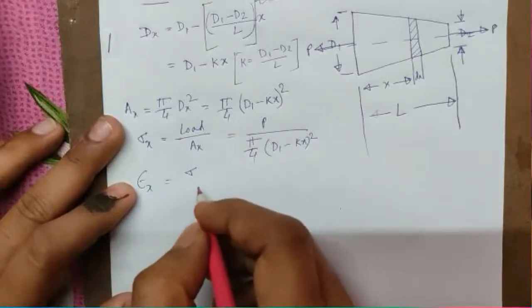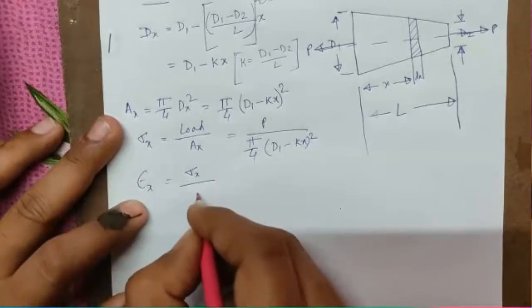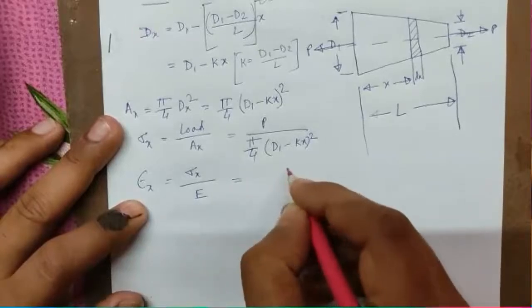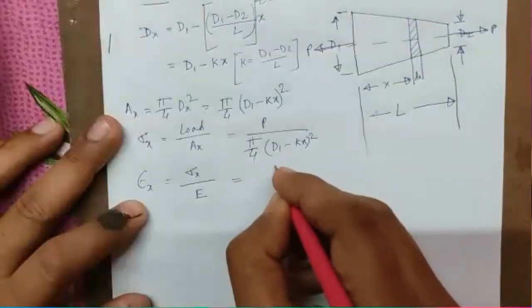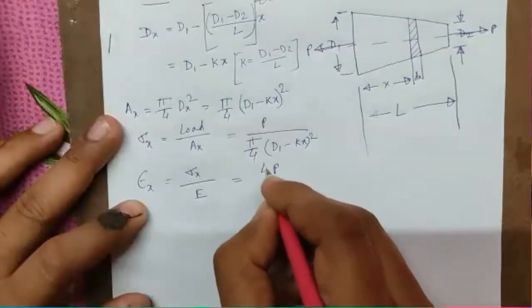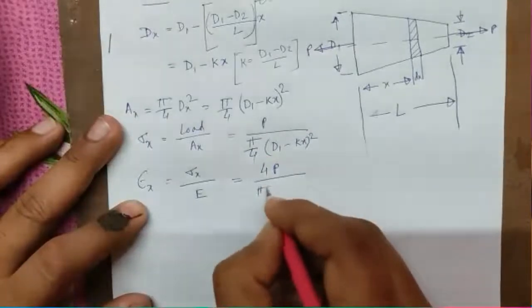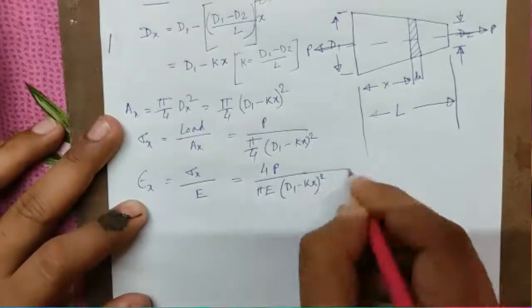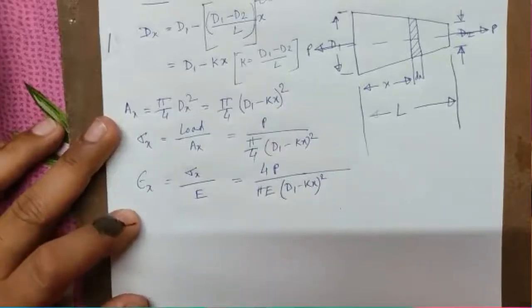So when it is under elastic limit, we can say that the strain will be stress by elastic modulus E. Now putting the values again, we have the value of stress here. So P, this 4 goes up, it becomes 4P by pi E d1 minus kx whole square. Okay, we are just putting the value of stress we have just found out. So strain is found out.